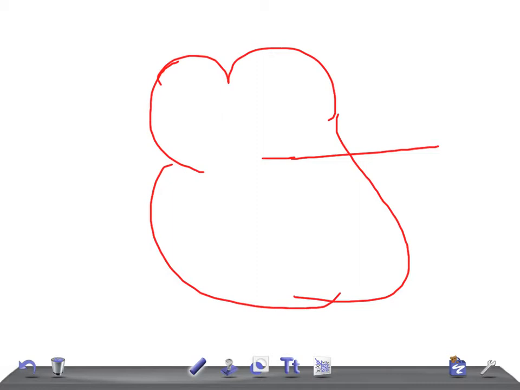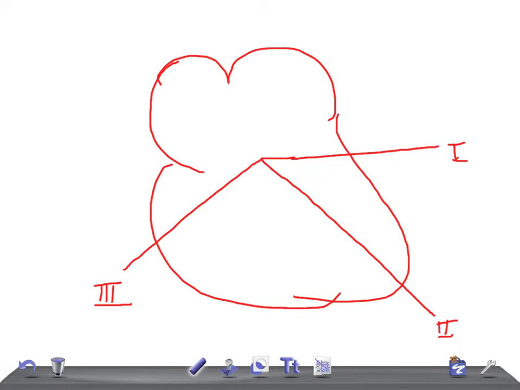Because more leads will give different angles of reading the heart and give a good picture of the conduction system of the heart, right? Lead 2, and lead 3.